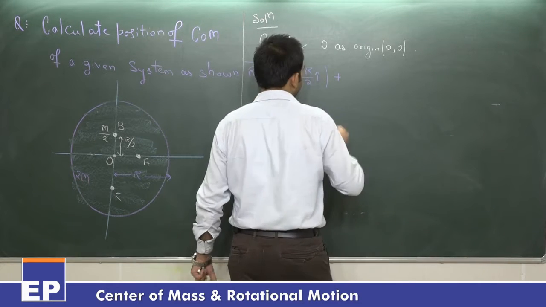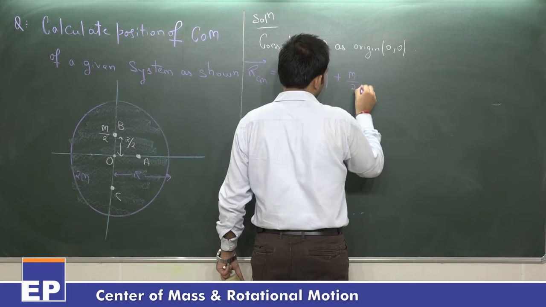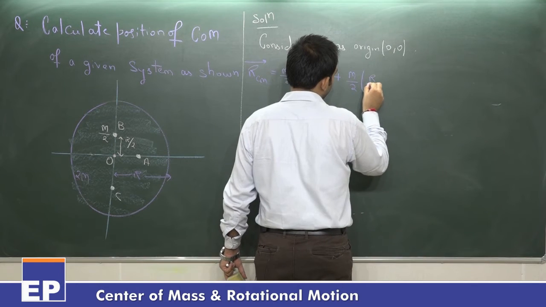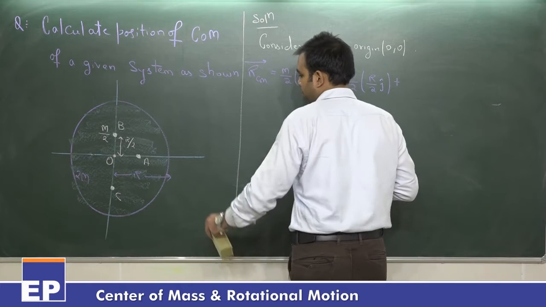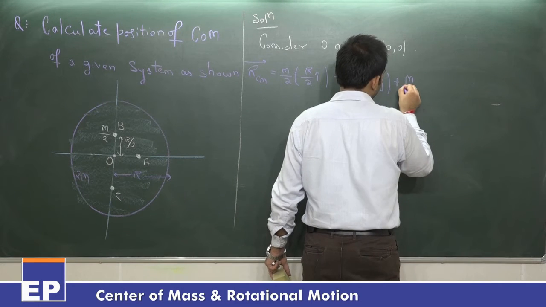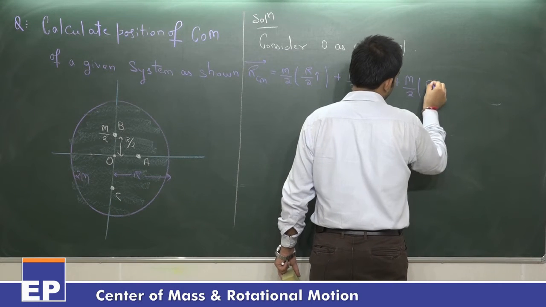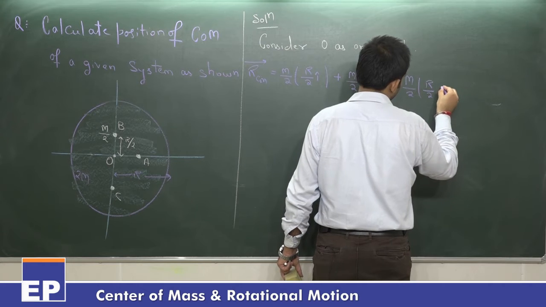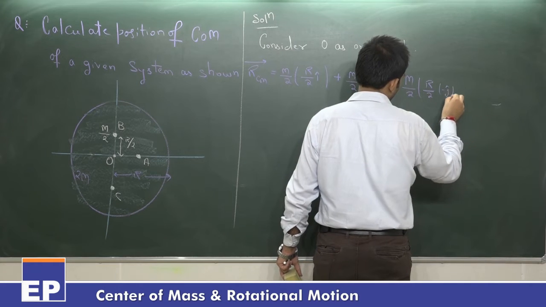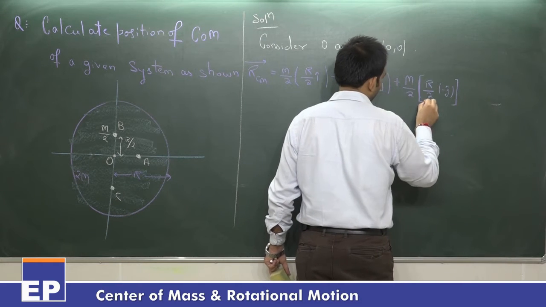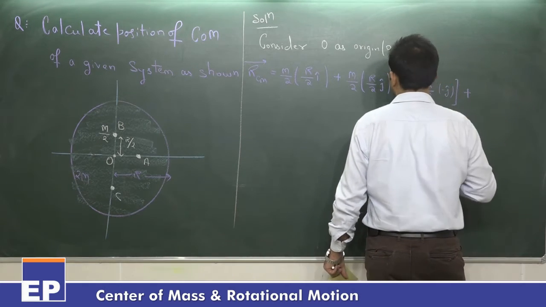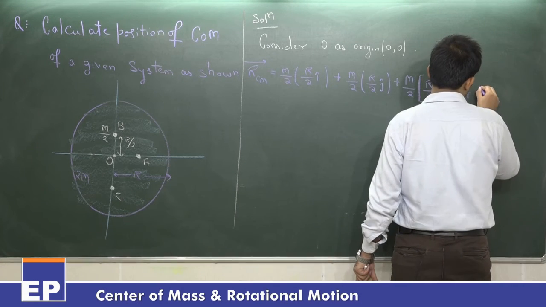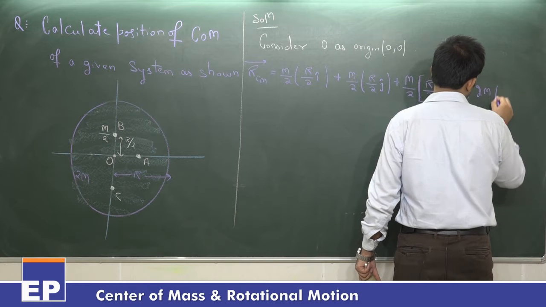And now for B वाले के लिए कितना है? m by 2 into 0 i cap plus r by 2 j cap. For the C वाले कितना है? m by 2, that is r by 2 minus j cap. And for the D, for the other one we can say, for this, that is 2m into 0 at origin.